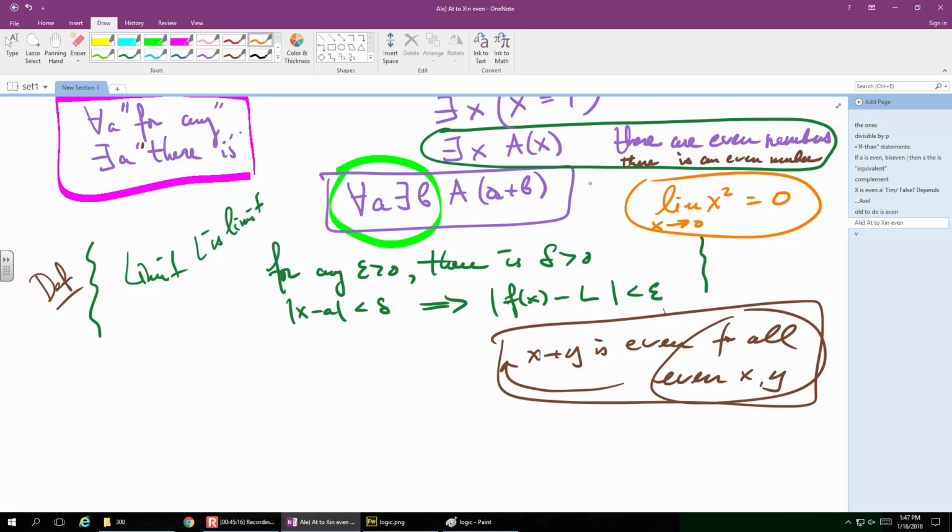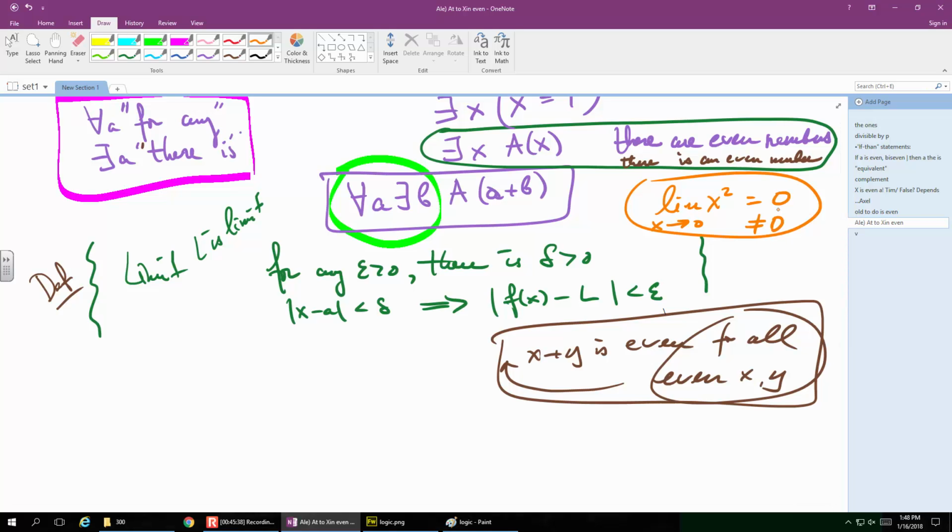I don't want to really go into that, but what if the question becomes, we want the opposite? What is the point of studying limits if they always exist? What if there is no limit? So how do you say that the limit of x squared as x goes to 0 is not equal to 0? Well, you negate.